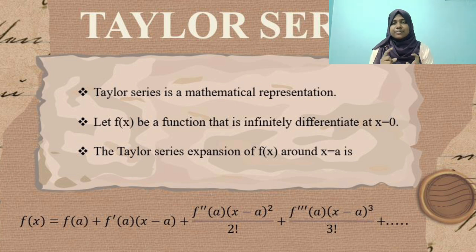So let f(x) be a function that is infinitely differentiable at x is equal to a. The Taylor series expansion of f(x) around x is equal to a becomes f(x) is equal to f(a) plus f dash(a)(x minus a) plus f double dash(a)(x minus a) whole square by 2 factorial plus f triple dash(a)(x minus a) whole cube divided by 3 factorial, etc.